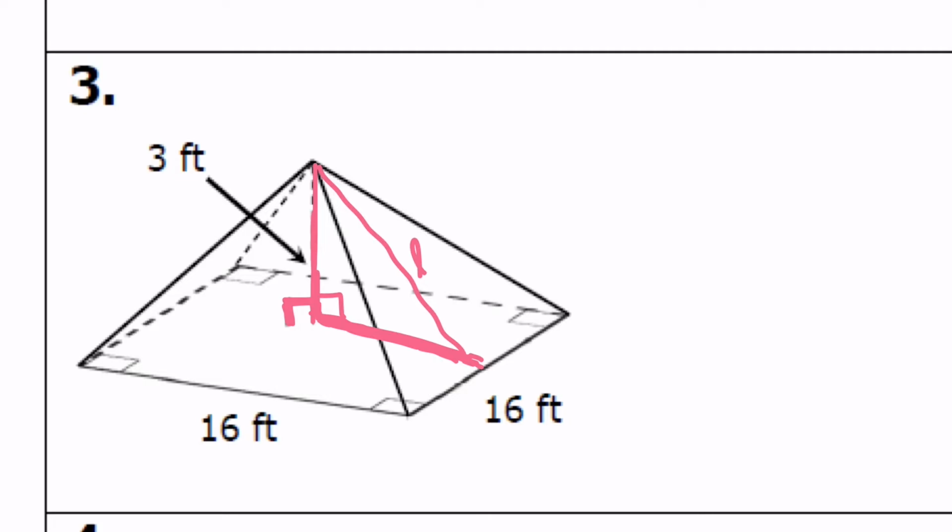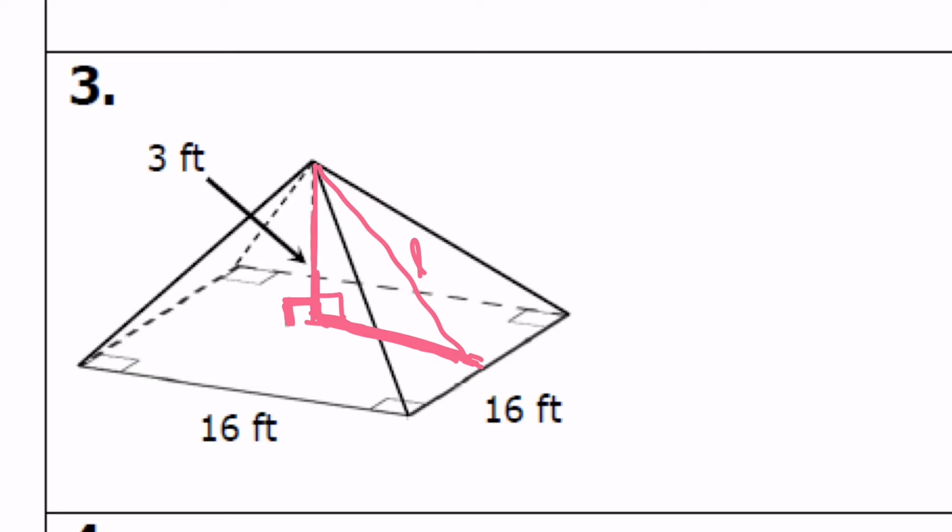Since this height is 3 feet, I know the base of this little triangle, because when we're measuring the height, the tip of the pyramid always aligns perfectly with the center of the square or rectangle base.